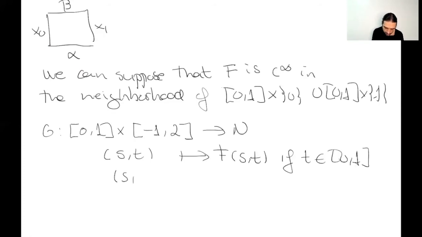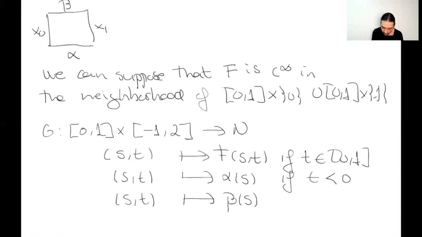The image of (s,t) is going to be alpha(s) if t is smaller than 0, and the image of (s,t) is going to be beta(s) if t is greater than 1, right?